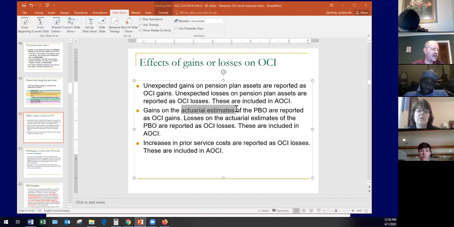So that liability is estimated by an actuary. The company that has this kind of defined benefit plan has to hire an actuary, either full-time or as a consultant, to give them the information that they need.